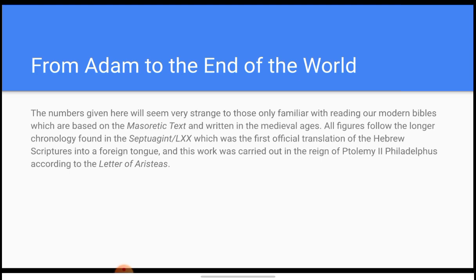The numbers given here will seem very strange to those only familiar with reading our modern Bibles, which are based on the Masoretic text and written in the medieval ages. All figures follow the longer chronology found in the Septuagint/LXX, which was the first official translation of the Hebrew scriptures into a foreign tongue, and this work was carried out in the reign of Ptolemy II, Philadelphus, according to the letter of Aristeas.